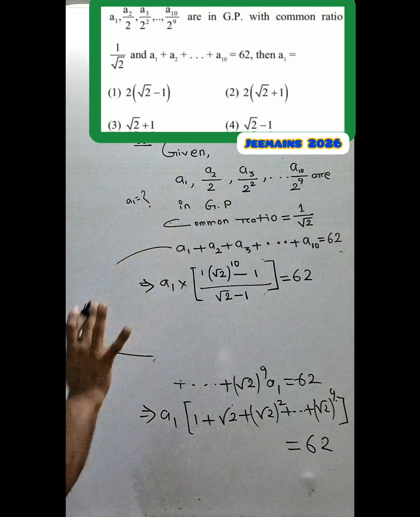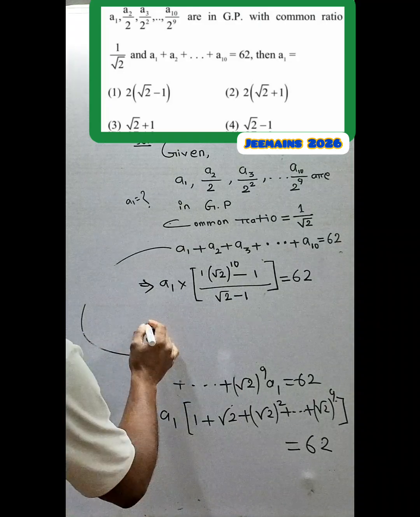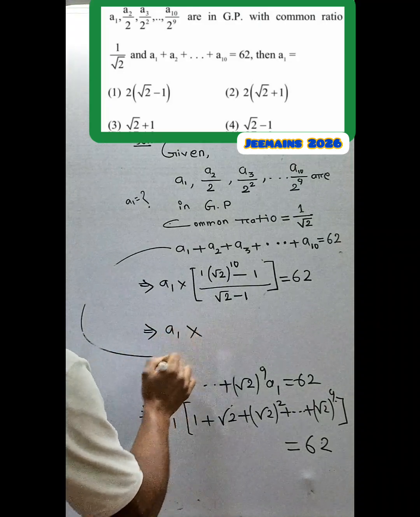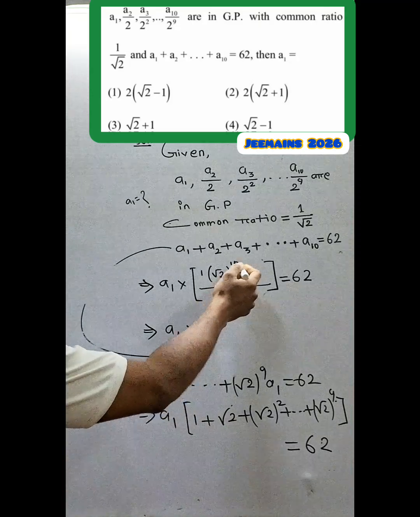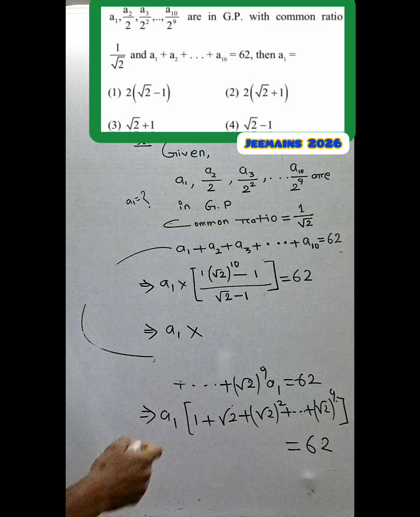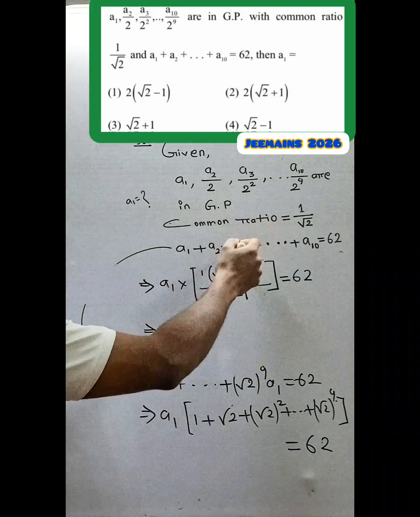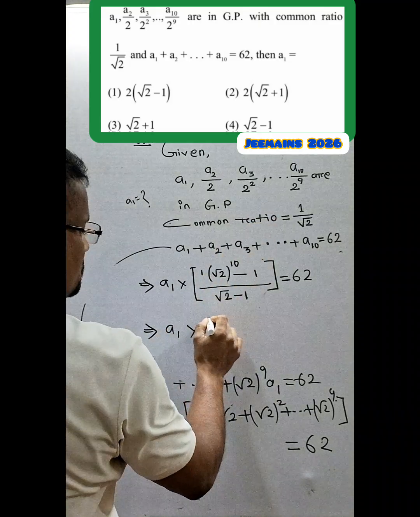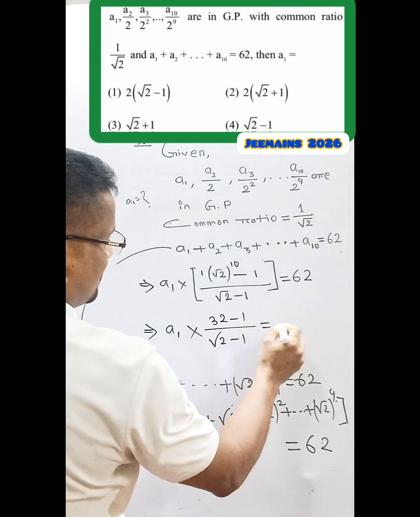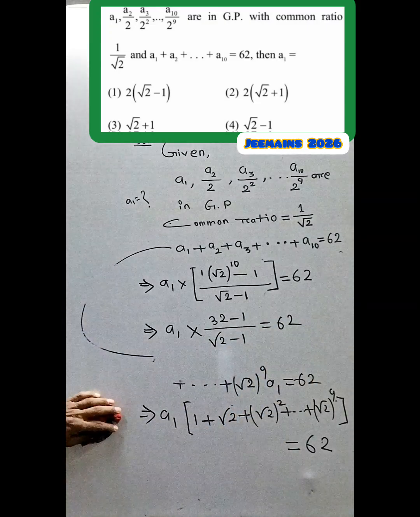I think up to this all steps are clear. Now a little bit of simplification is left. That's A1 times, root 2 to the power 10 can be written as root 2 whole square whole to the power 5, and if you simplify this, the value will be 32, minus 1 divided by root 2 minus 1 equal to 62.